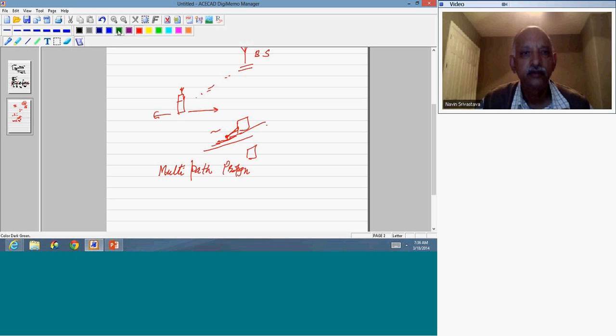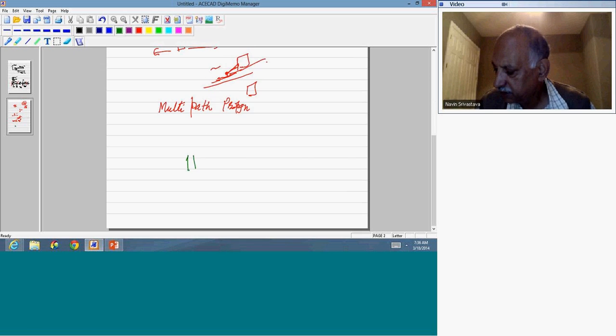Multi-path propagation means a number of copies of that same signal. So supposing this is your handset, and it is having an antenna, and let us say here is your base station.